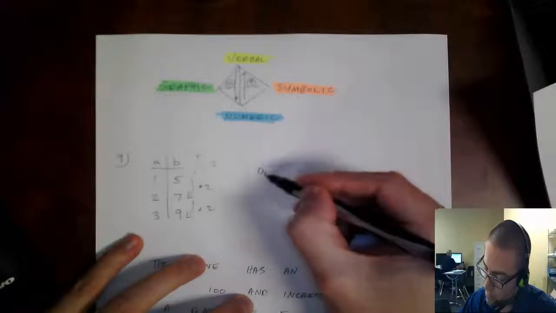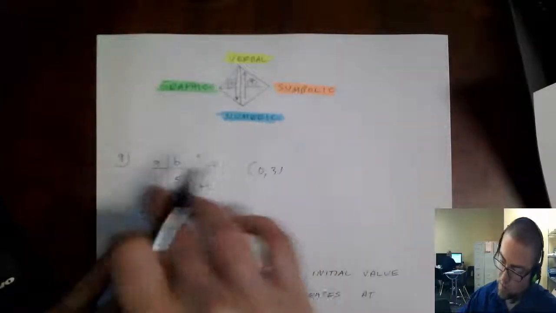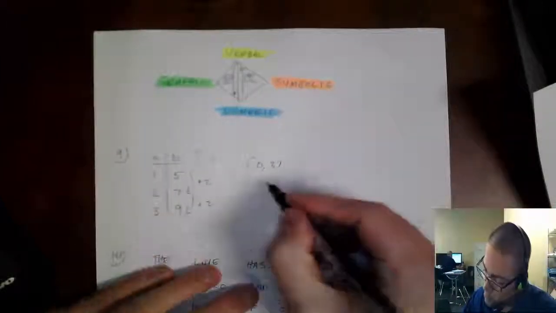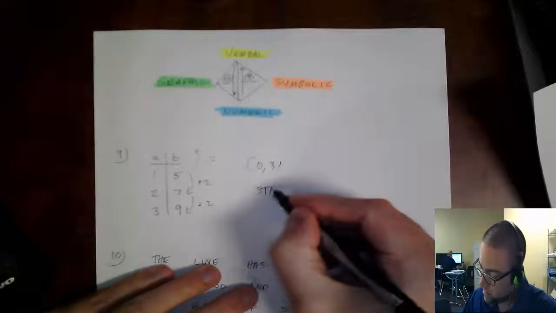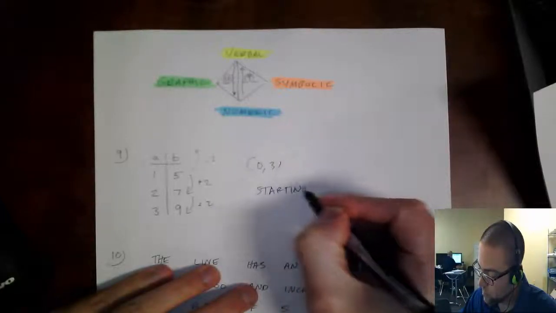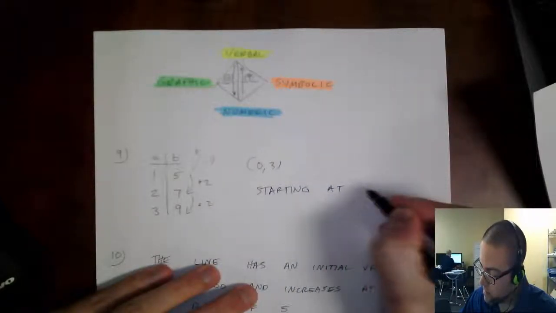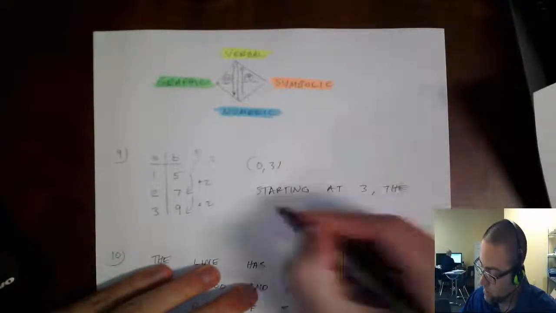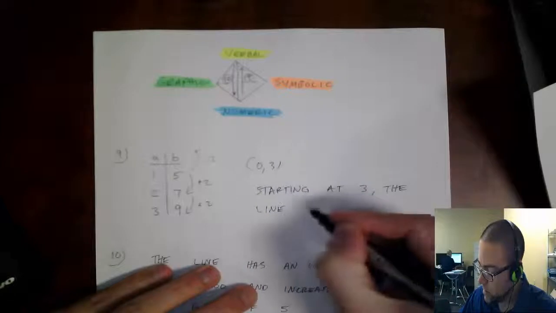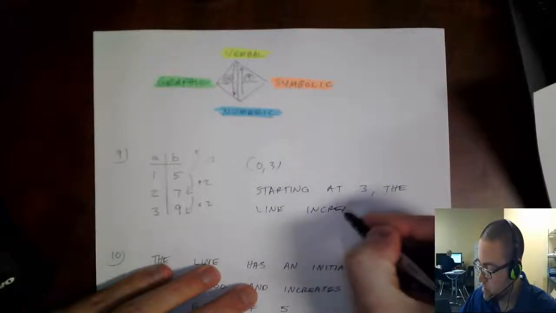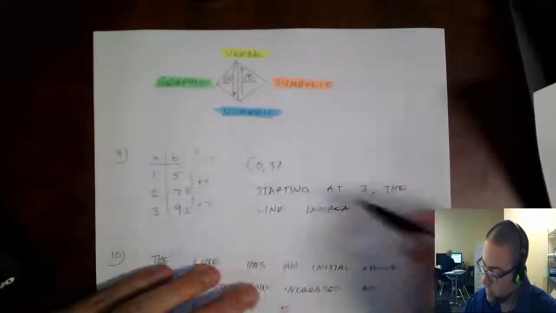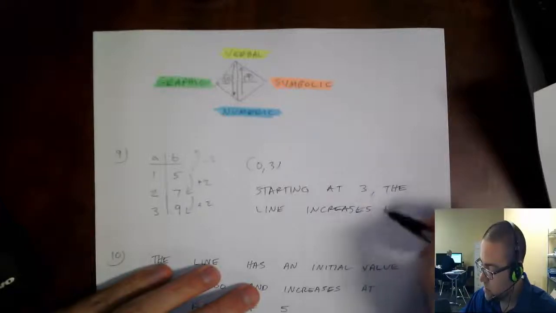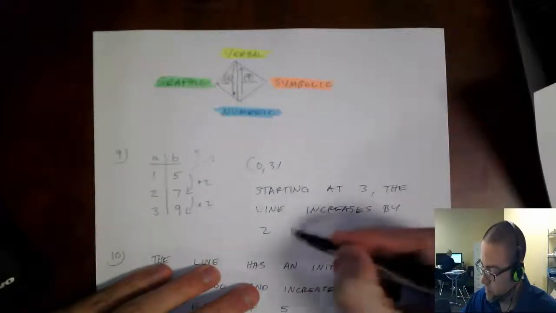So it'd be at 0, 3 would be my initial condition. So we'll say, starting at 3, the line increases, right, it's going up each time, by 2 each time.